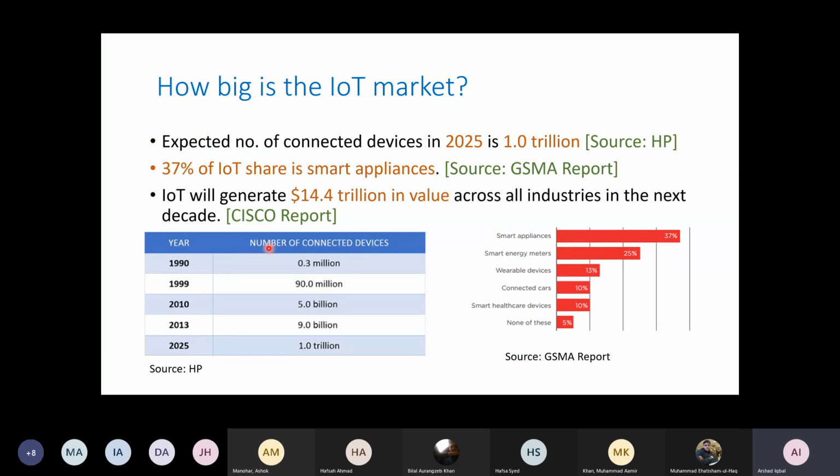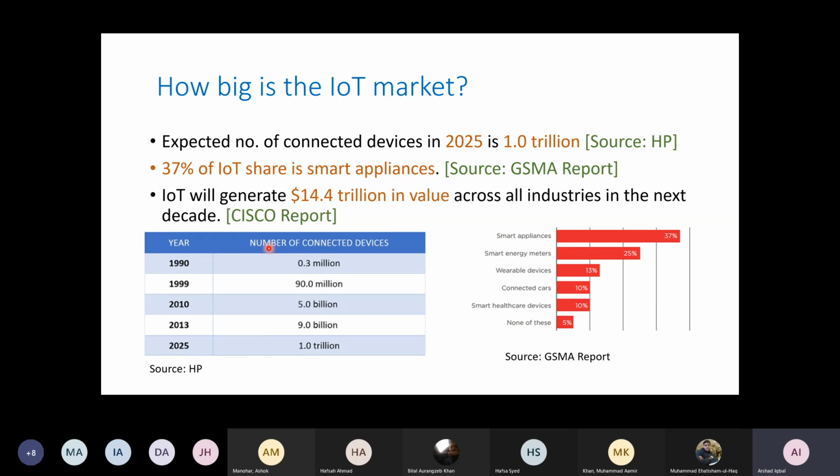So how big is the IoT market? There are certain surveys and reports presented, for example, one report presented by HP, which says that the expected number of connected devices in 25 would be 1 trillion, quite a big market. Another report presented by GSMA says that 37% of IoT share is smart appliances.